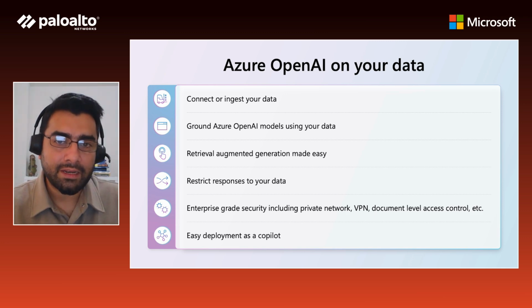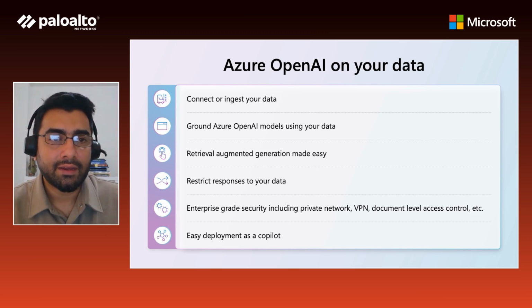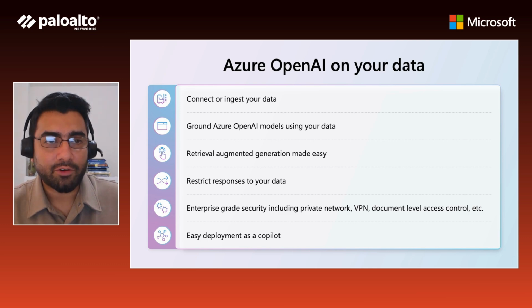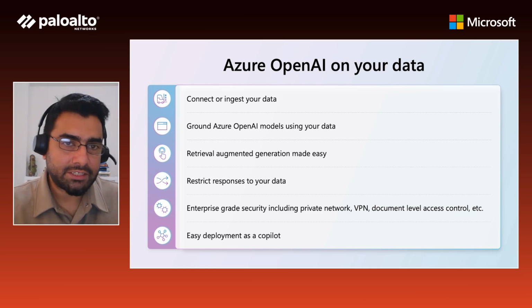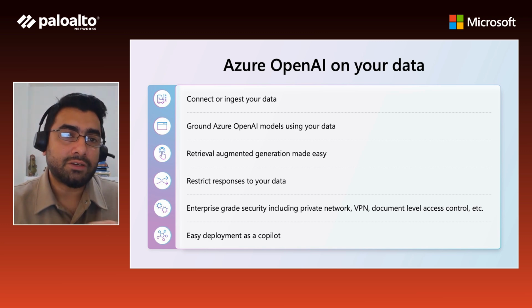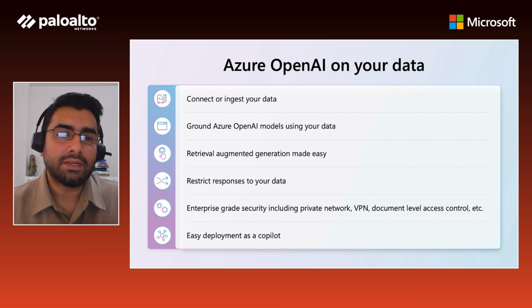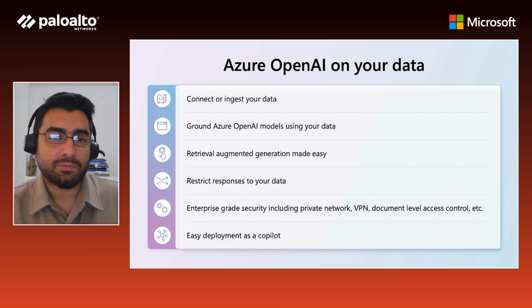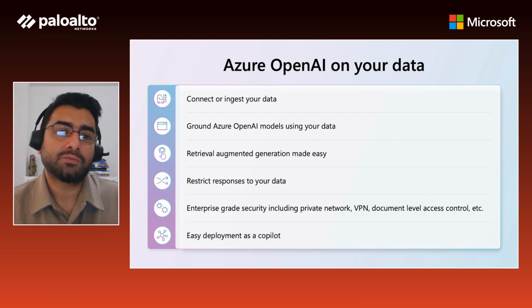This is a new release, Azure OpenAI for your solution. So you connect your industrial data, then OpenAI creates models that can be used for your data. Then you create some retrieval augmented generation, and we looked into the RAG model. It makes it easy. Then you can also restrict the response to your data with some content filter as well.